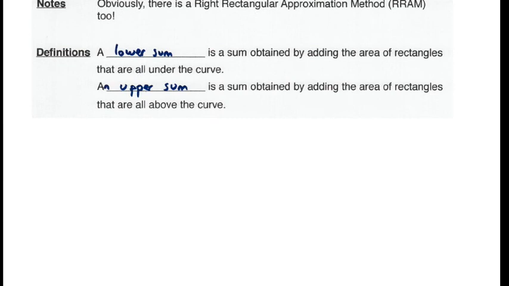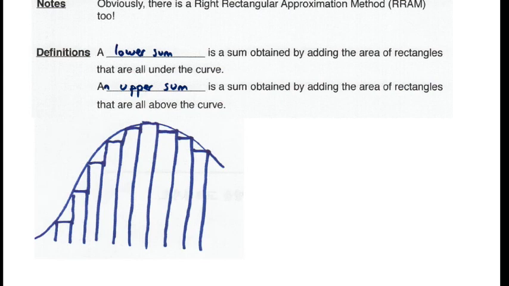Obviously, there's also a right rectangular approximation method, but I'm not going to give an example here. Something that is sometimes confused with LRAM and RRAM is the lower sum and the upper sum. A lower sum is a sum obtained by adding the area of rectangles that are all under the curve. So here we have a curve and all these rectangles are under the curve.